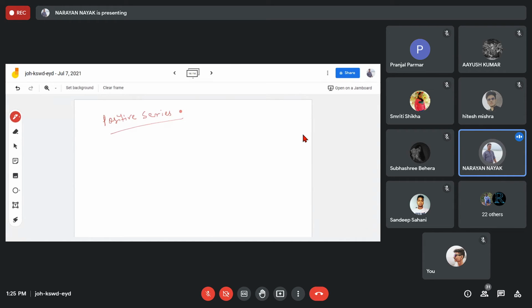Positive series clipper means you have used a series clipper circuit, and there only the positive half cycle will be removed. Now what is the diagram behind the positive series clipper? You just have to draw this diagram. The diode is connected in series, and the resistor in parallel.